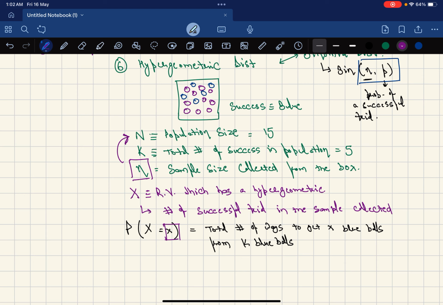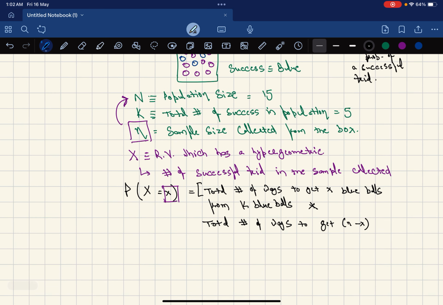So we are pulling x blue balls from 5 blue balls, and then we still have to pull another group. So we'll multiply this. Instead of this, let us say we use a star for multiplication. Total number of ways to get small n minus x, because we have already pulled x blue balls, we still need small n minus x purple balls from N minus capital K purple balls.